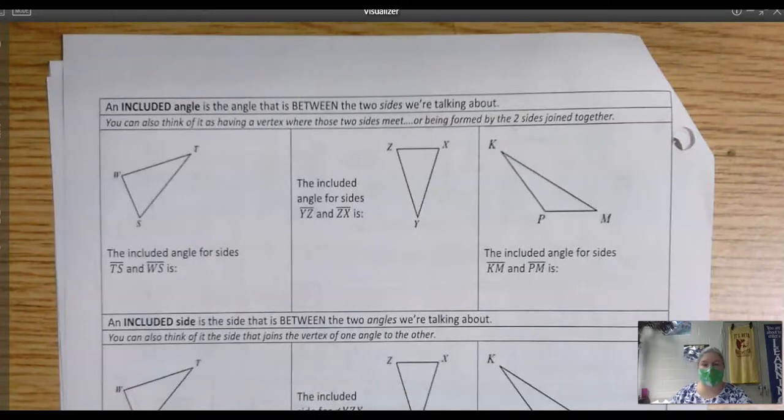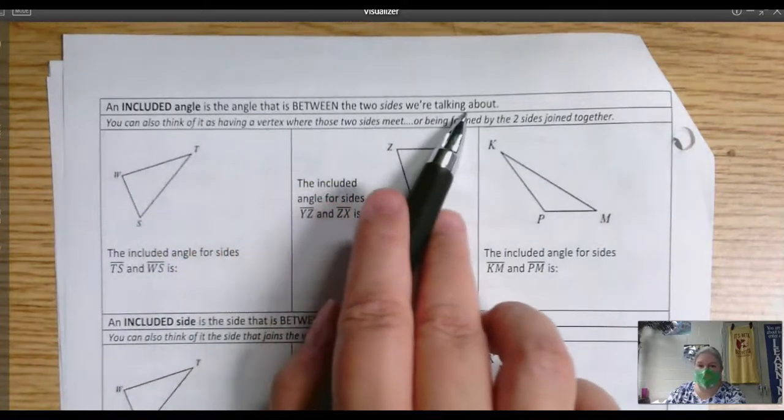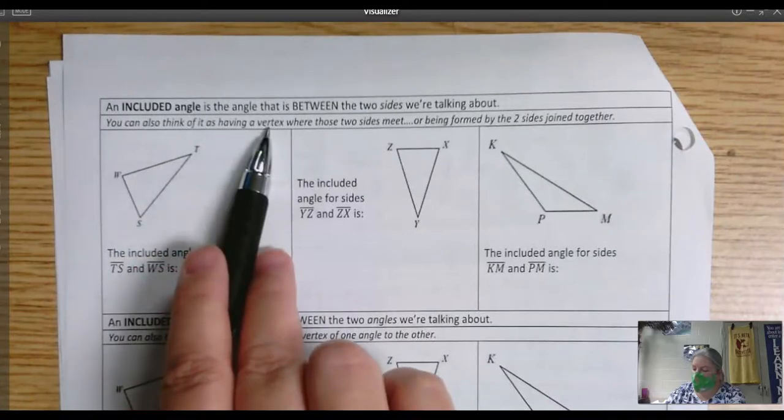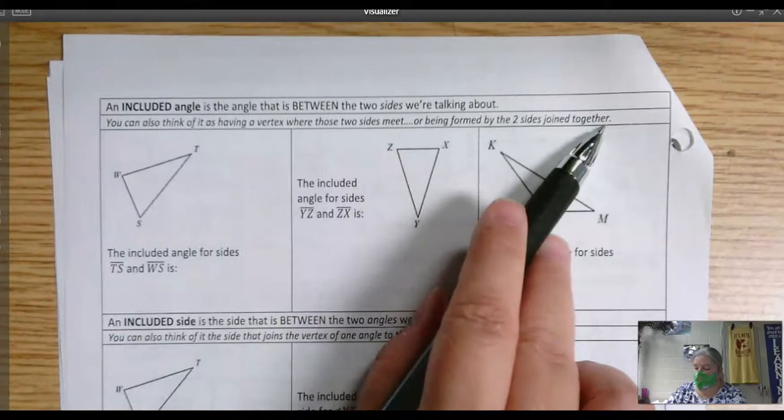So here at the top of the page that my students might have for notes, it says an included angle is the angle that is between the two sides we're talking about. You can also think of it as having a vertex where the two sides meet, or being formed by the two sides joined together.